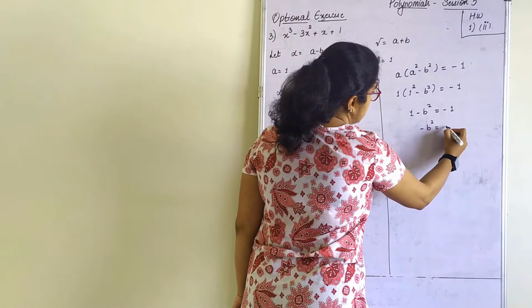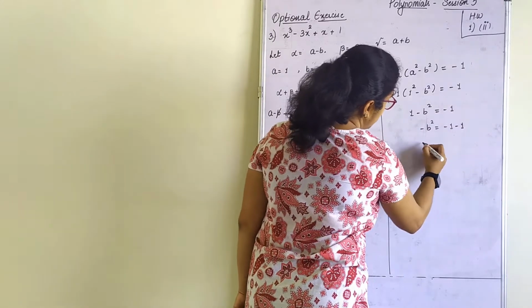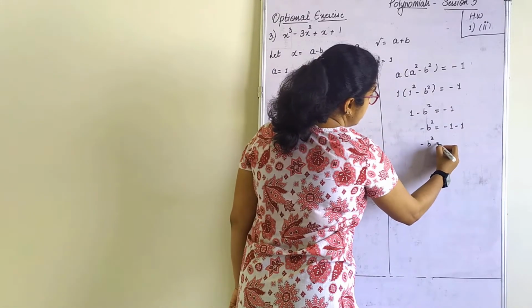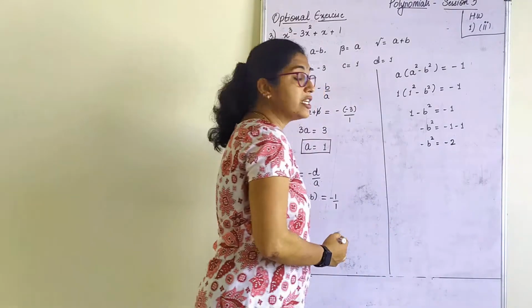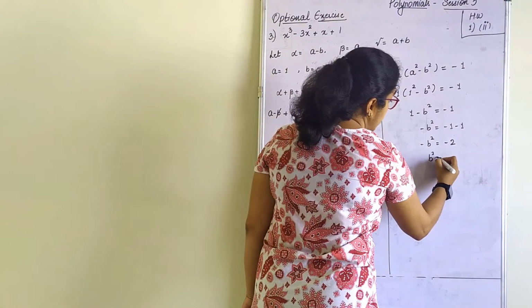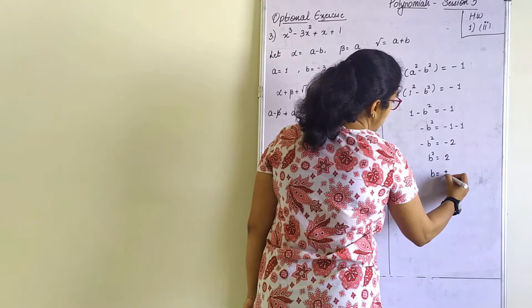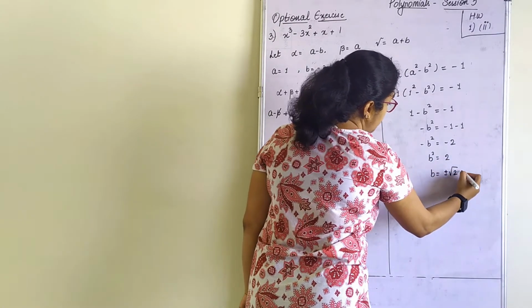Minus b square is equal to minus 1. Transpose 1 this side, minus 1. Minus b square is equal to minus 2. Minus and minus get cancelled. b square is equal to 2. b is equal to plus or minus square root of 2.